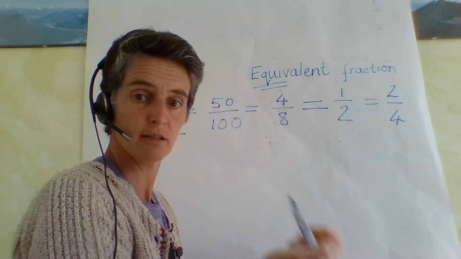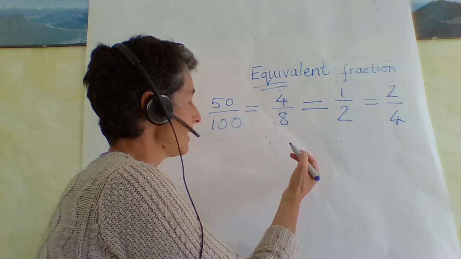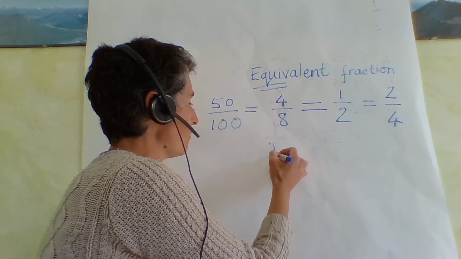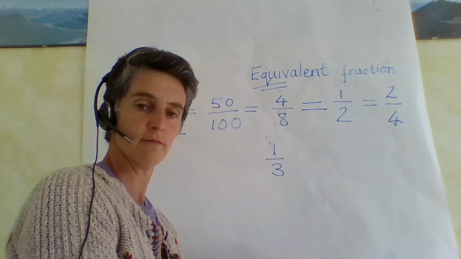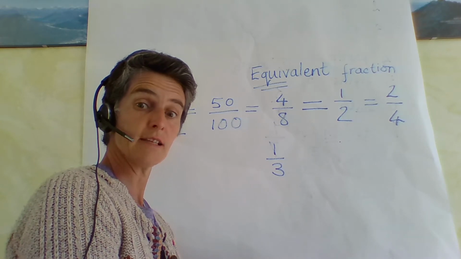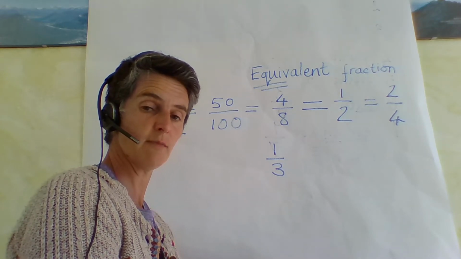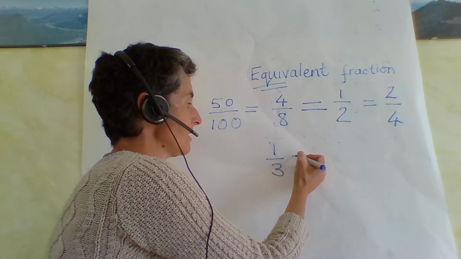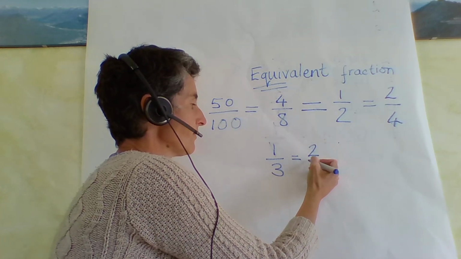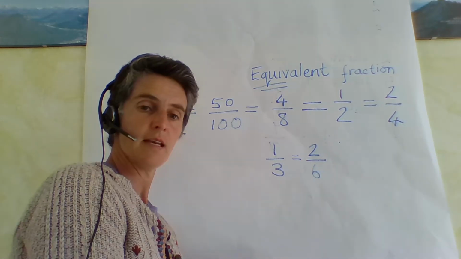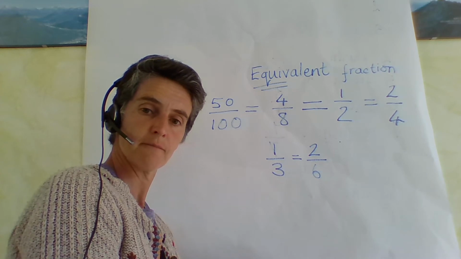Many fractions have equivalents. We could take 1/3, and from your work that you've done in your Intermath book, some of you might already be saying that an equivalent fraction of 1/3 is 2 out of 6.